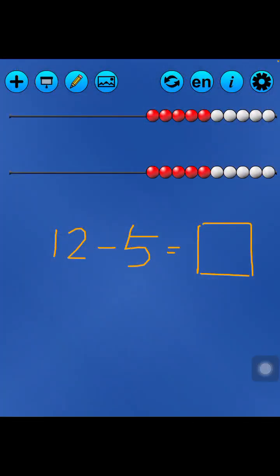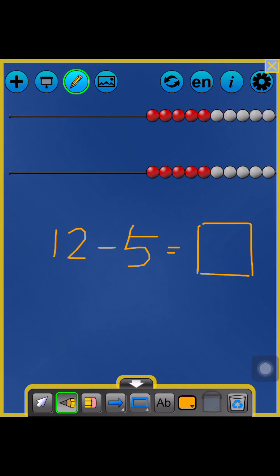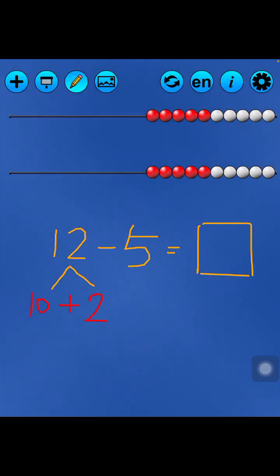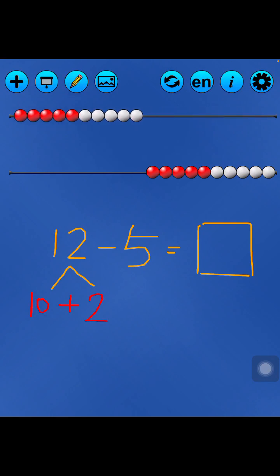And now we talk about question 6. Question 6, we need to find 12 minus 5. Again, we split 12 into 2 parts, which is 10 and 2. 10 plus 2 equals 12. And then we move 12 bits to the left. 10 plus 2.